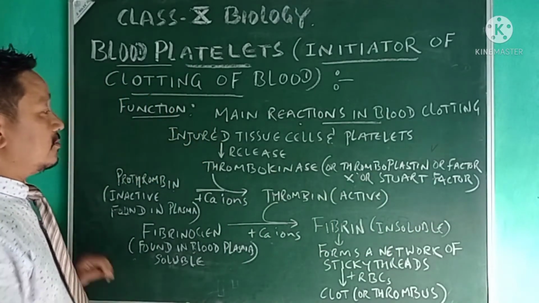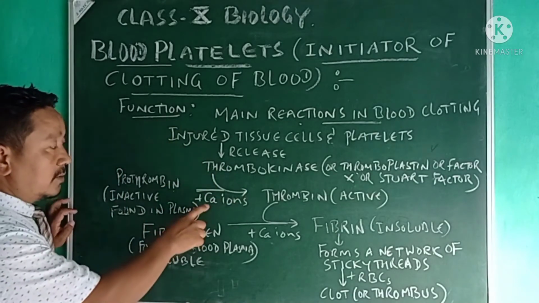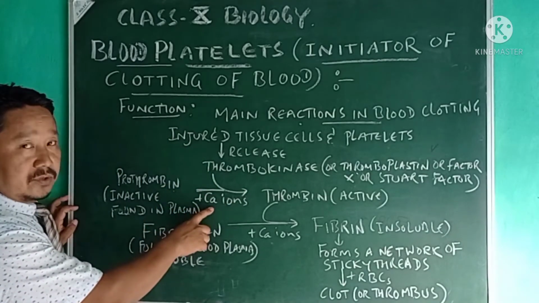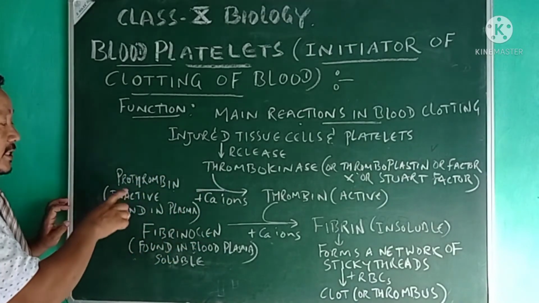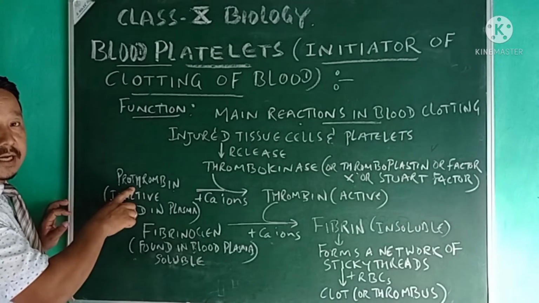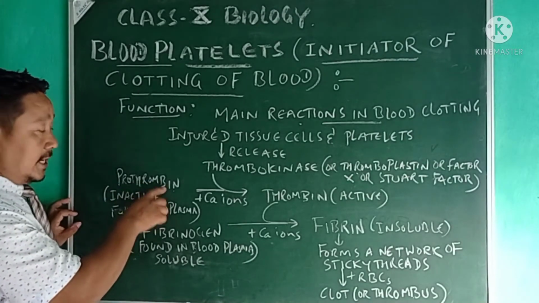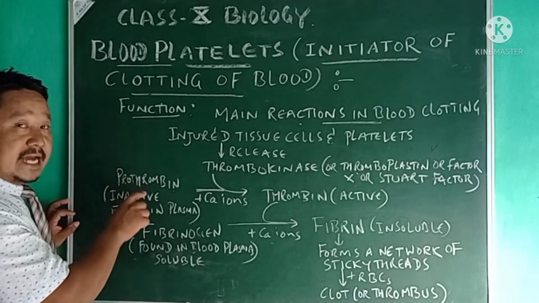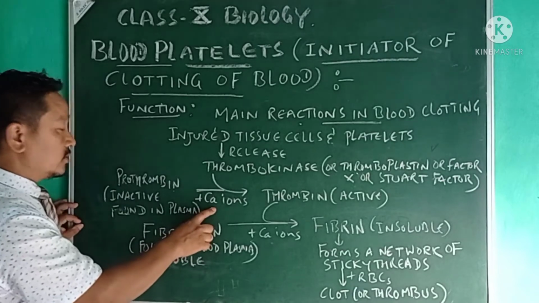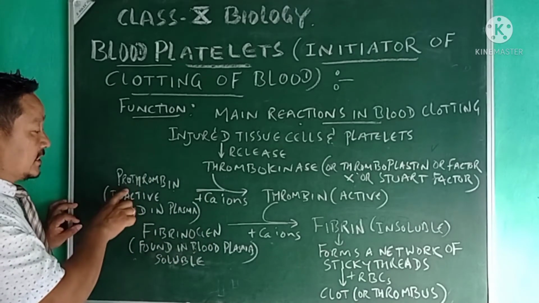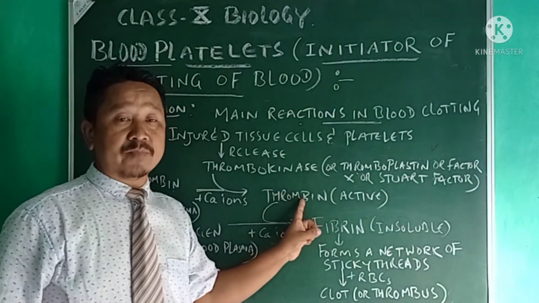Now this thrombokinase, with the help of calcium ions, converts inactive prothrombin into active thrombin.